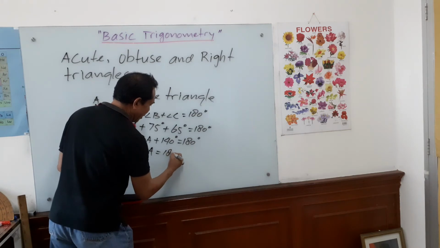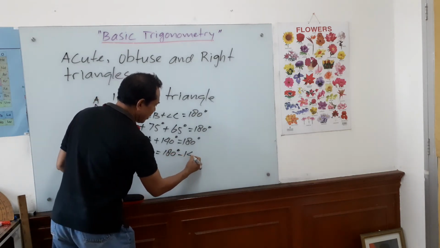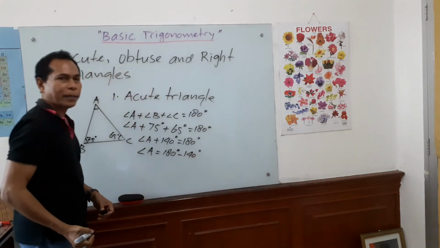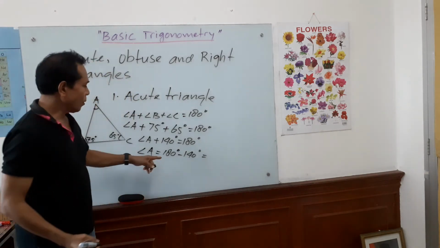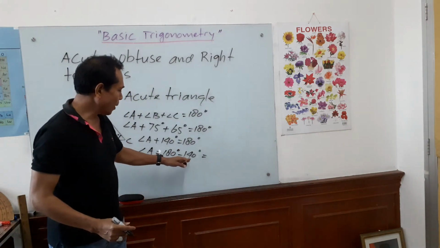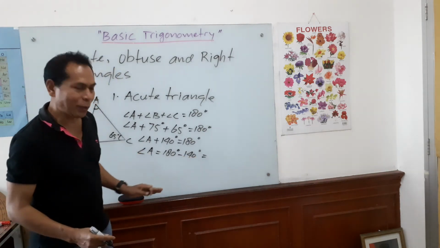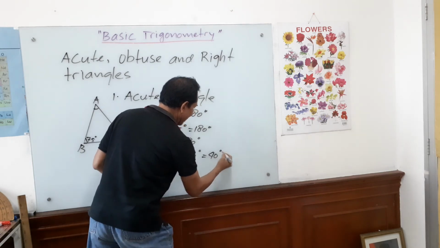So you have 180 degrees minus 140 degrees equals. Now, 80 and 40, it's very easy, okay? 4 plus 4 is 8. 40 plus 40 is 80. So it is 40 degrees.